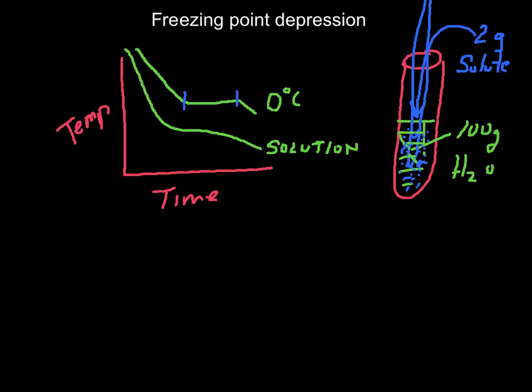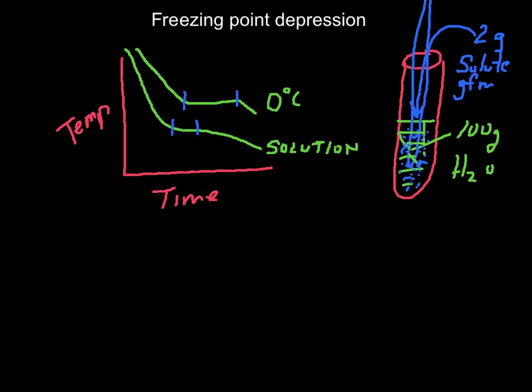And so in this problem, what I'm looking for is the gram formula mass of the solute. Now it's kind of amazing that you can figure out the molar mass, the mass of all the carbons and hydrogens added up together, by observing a physical property change. What I need to do is now identify this new freezing point for the solution.